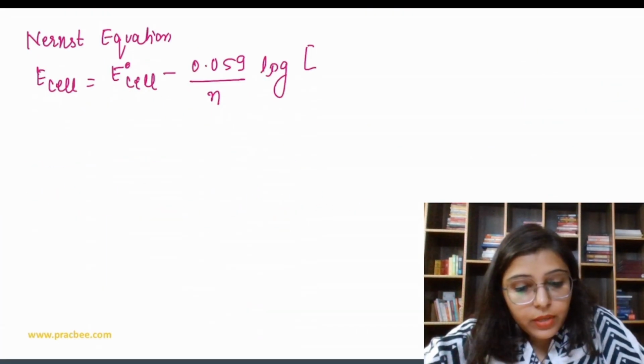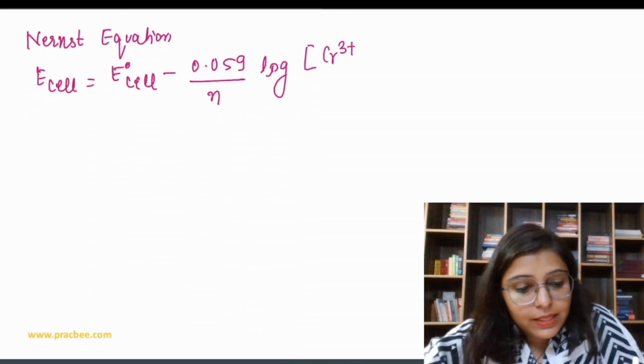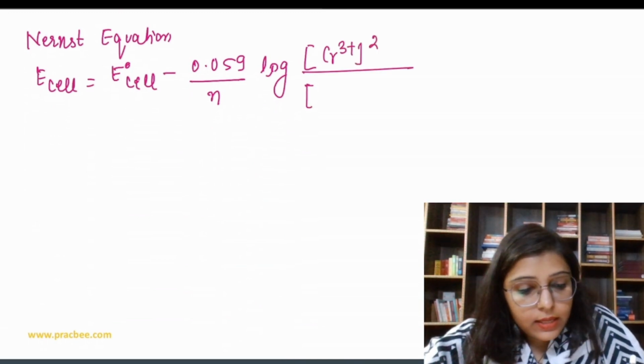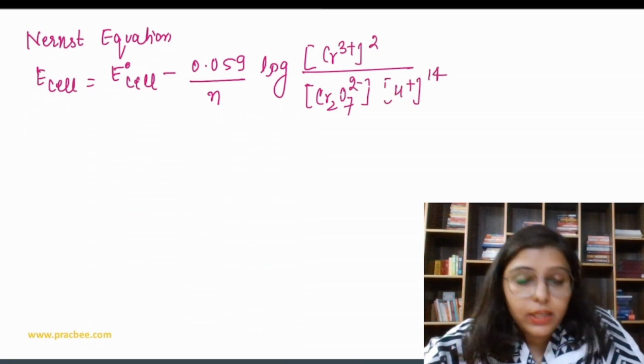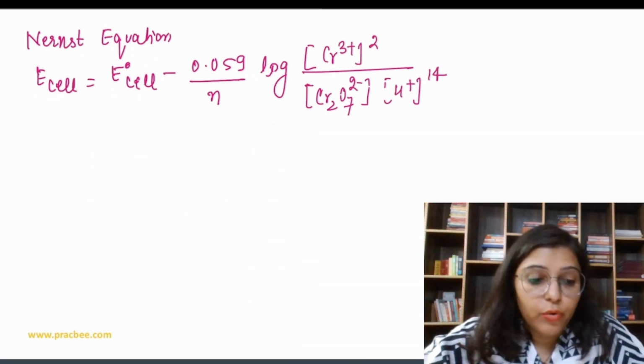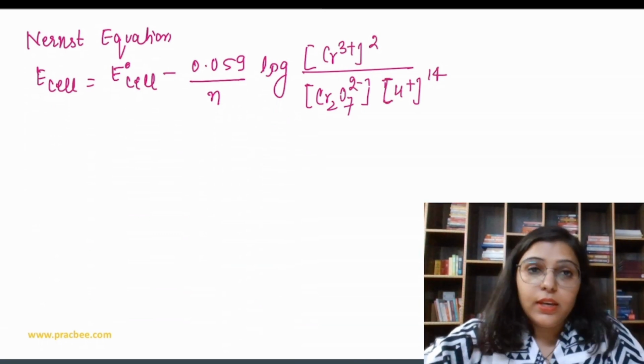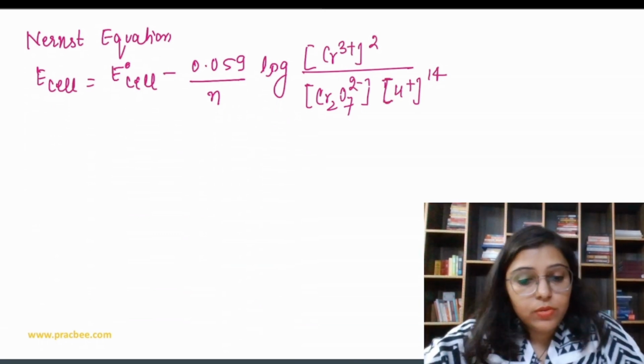So we write concentration of Cr3+ whole square, concentration of Cr2O7 2-, and concentration of H plus to the power 14, because we have to take coefficients into account, right? Now we have to put the values.